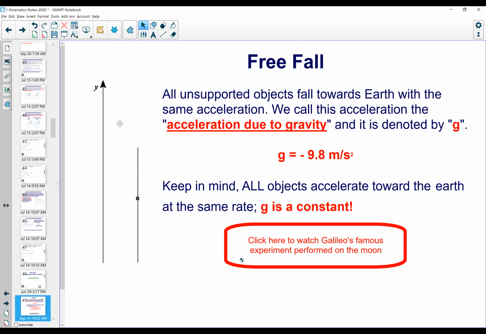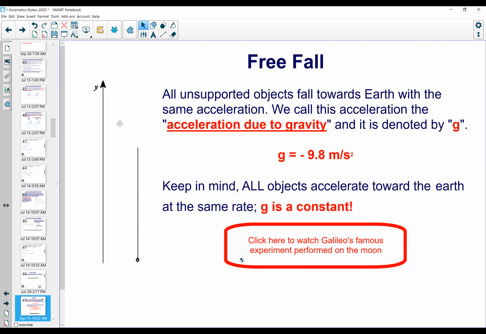One of the reasons they require work is so they can easily see, did you use 9.8 or did you use 10? On the formula list that they provide, they put 9.8. So that's generally, I think, what they recommend using for free response questions. But especially for a multiple choice question, using 10 to just more quickly solve it is probably a wise strategy. Anyway, back to this. Keep in mind, all objects accelerate towards the Earth at the same rate.